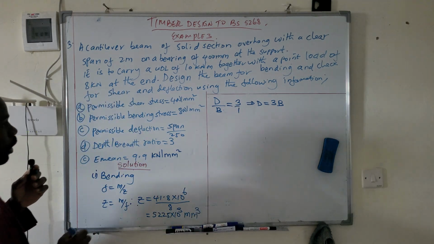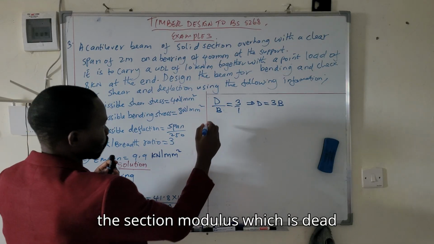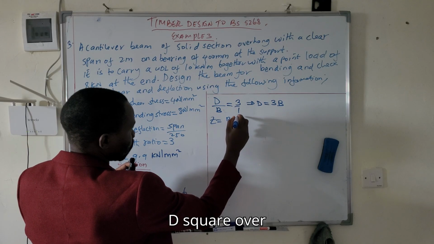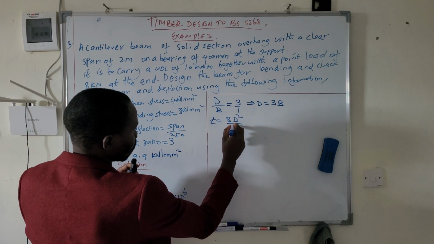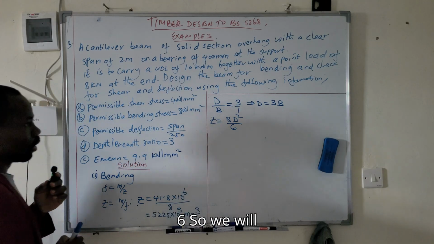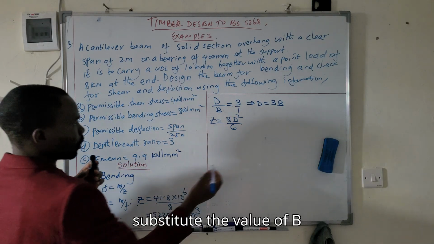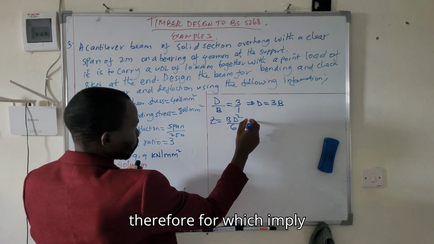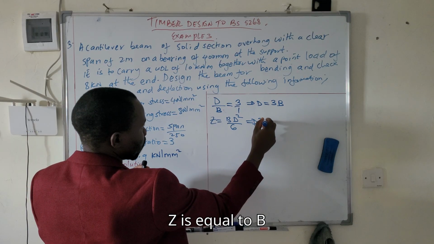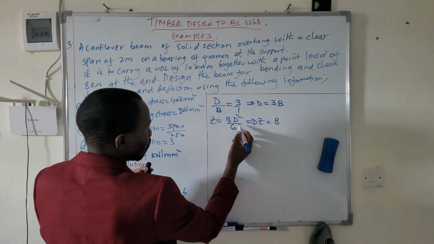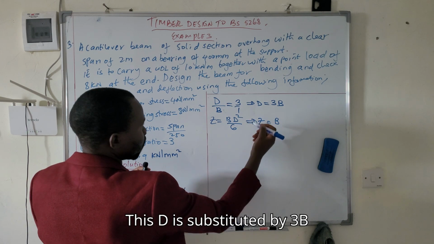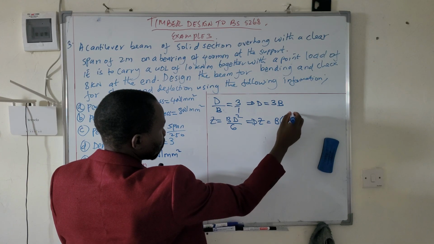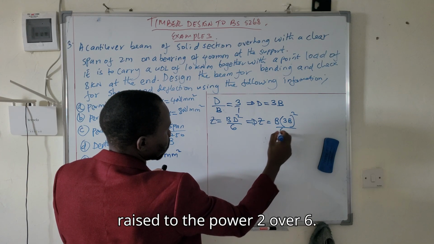Again, we know that section modulus, which is Z, is equal to BD square over 6. So we will substitute the value of D by 3B. So therefore, Z is equal to B, this D we substitute by 3B into bracket, (3B) raised to power 2 over 6.